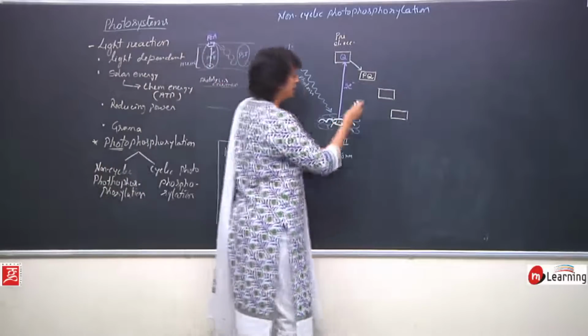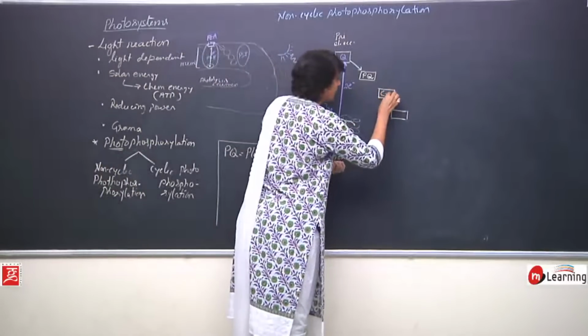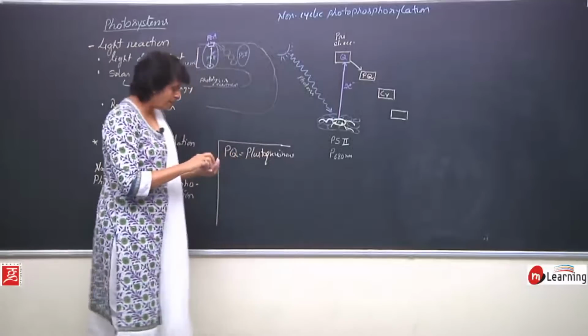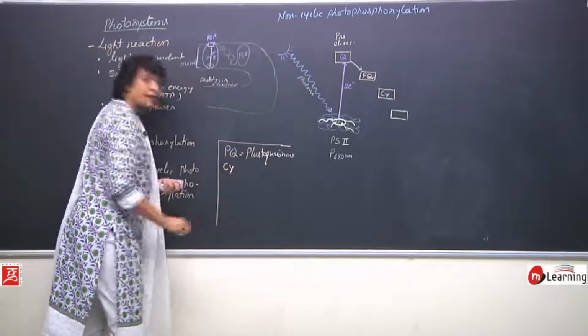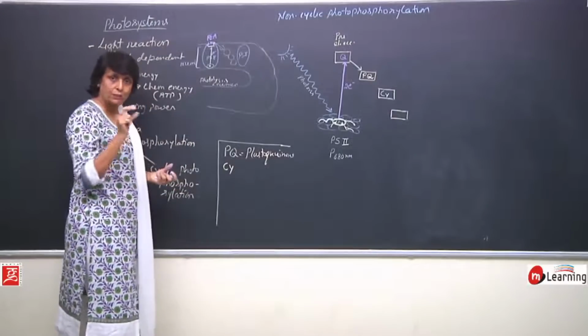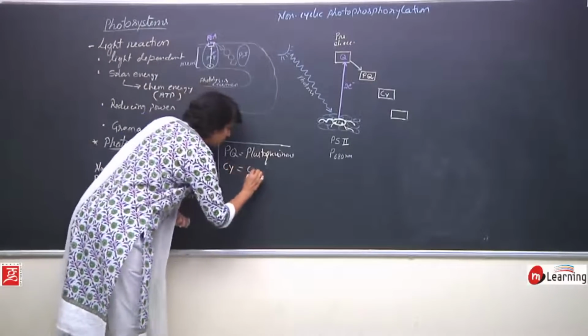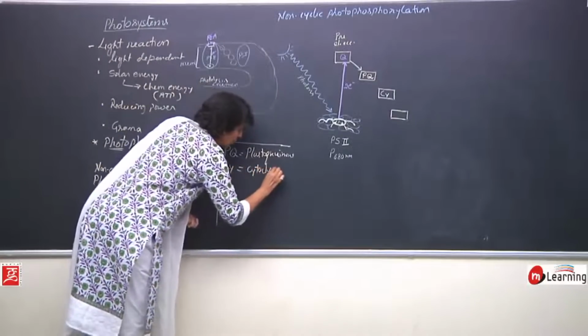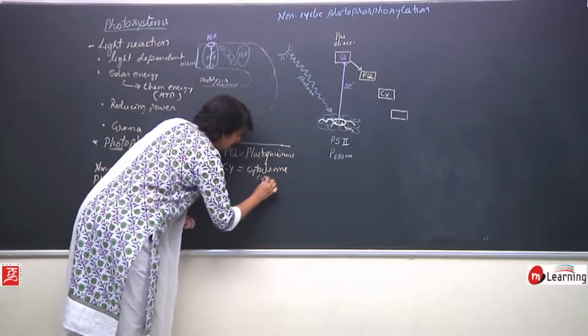Plastoquinone. Then the next electron acceptor is a cytochrome complex. We are writing CY only, but it is a complex, it has multiple cytochromes. So, it is cytochrome complex.